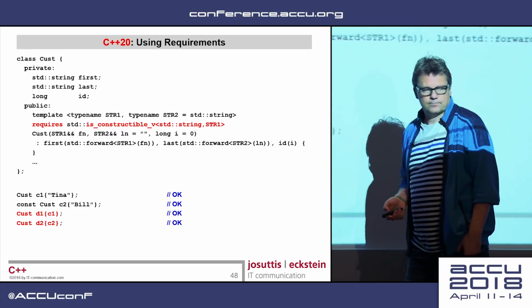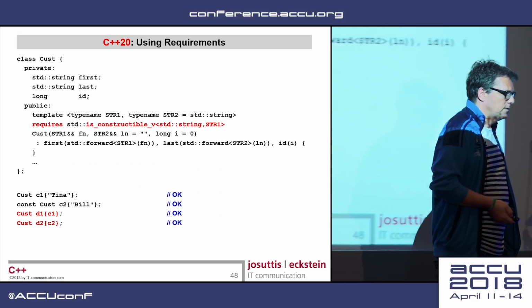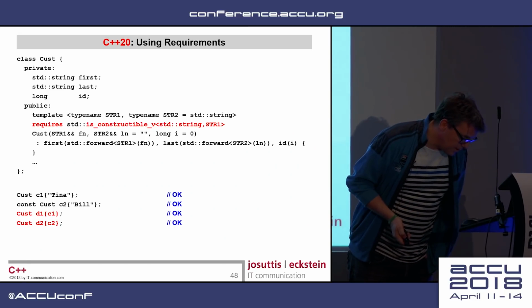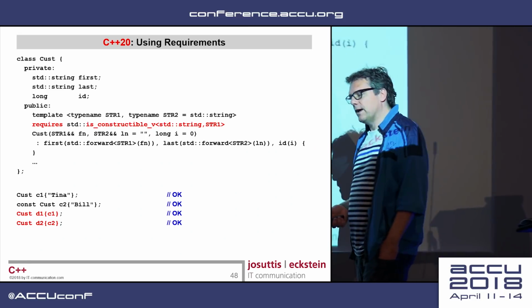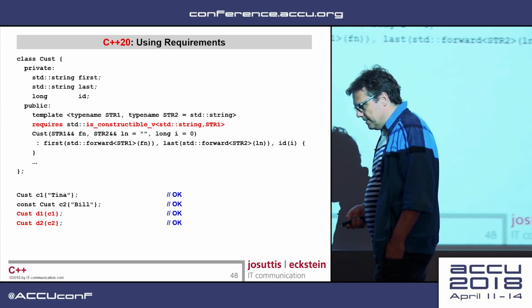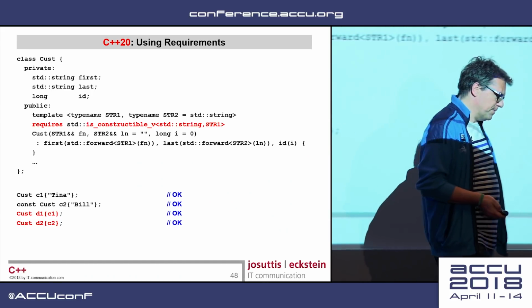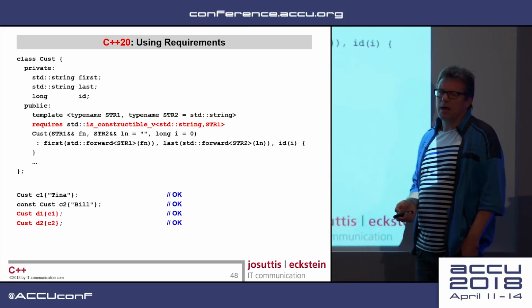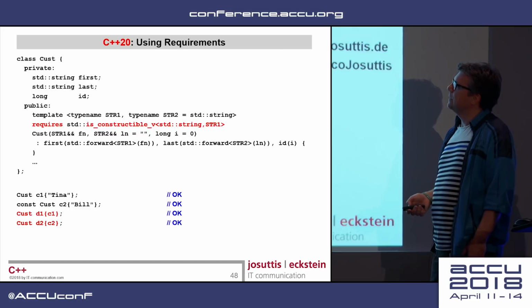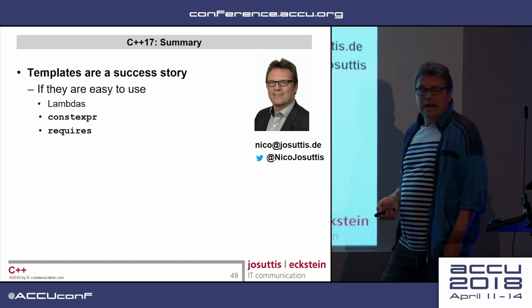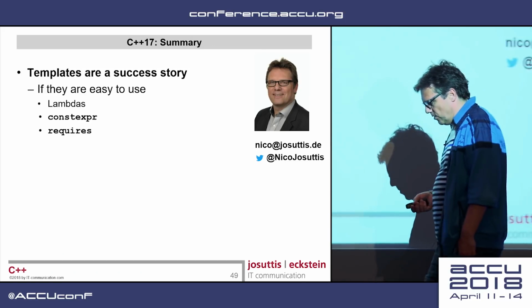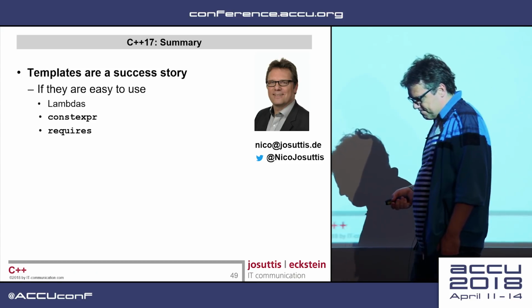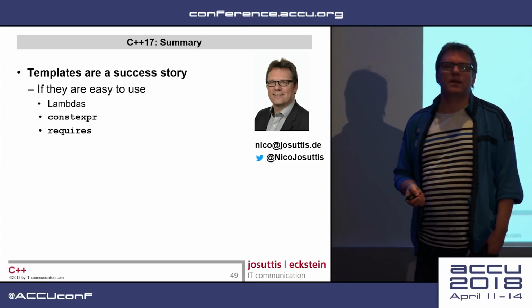So that's it. That's all I came up with from what I learned in C++ over the past years about generic programming. So I'm not using all the 90 minutes. I think templates are a success story. We hate the syntax.